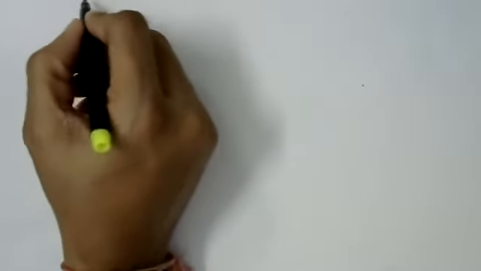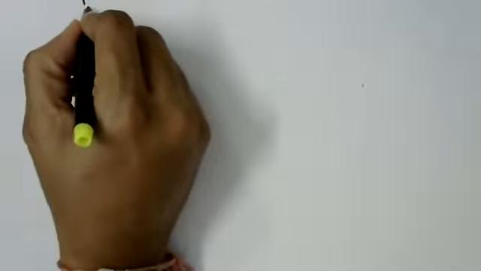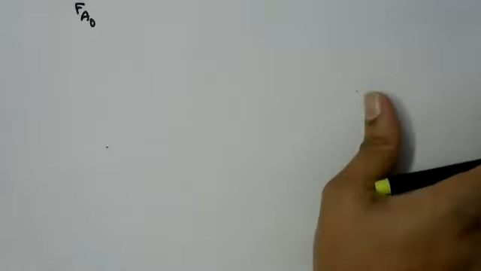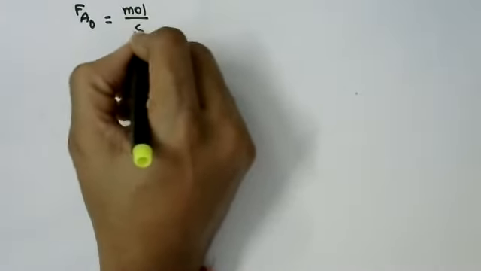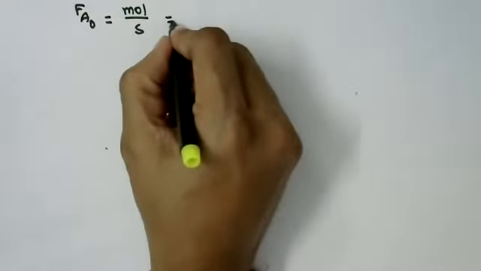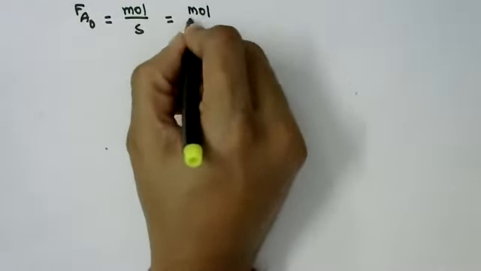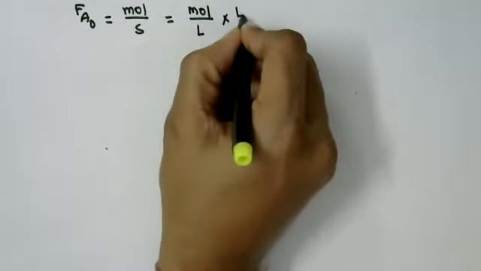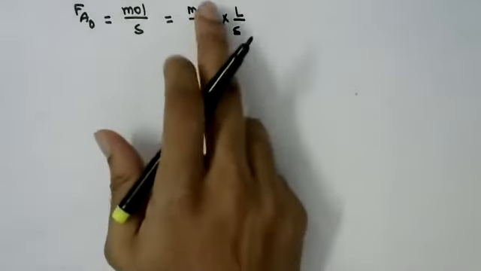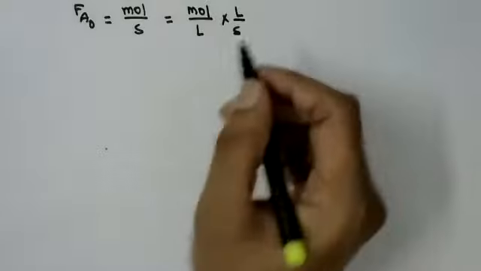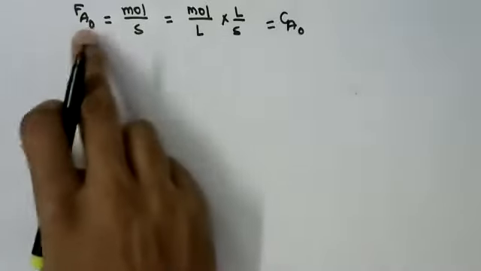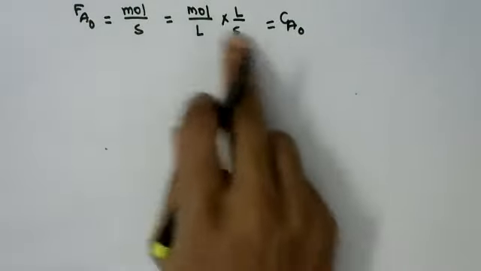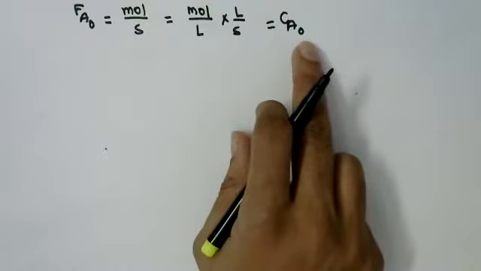We are aware that the unit of FA0 is mole per second, and therefore I can rewrite this unit as mole per liter multiplied by liter per second. The liter will get cancelled, and what I get is the original mole per second. Since I am talking about the initial feed rate, I'll write mole per liter as the initial concentration.